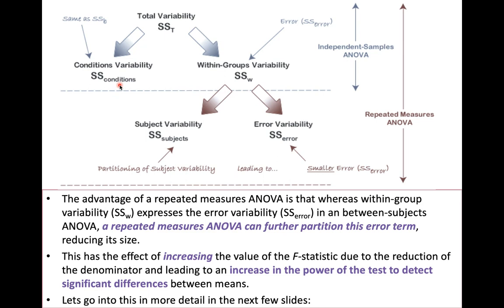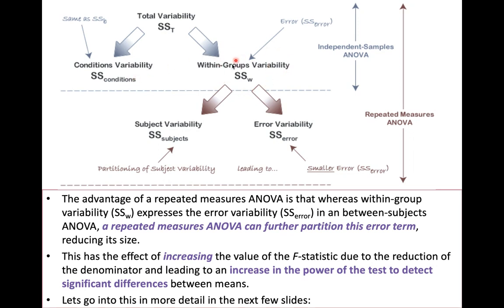If I have everyone's rating on chocolate and everyone's rating on lemon and everyone's rating on caramel, then I can get some idea about how do the ratings change based on the treatment or condition changing. So that's chocolate versus lemon versus caramel, right? That's easy to understand conceptually, right? Conditions variability or between conditions variability is the easy one to understand.